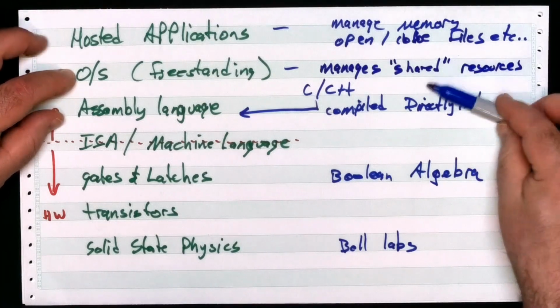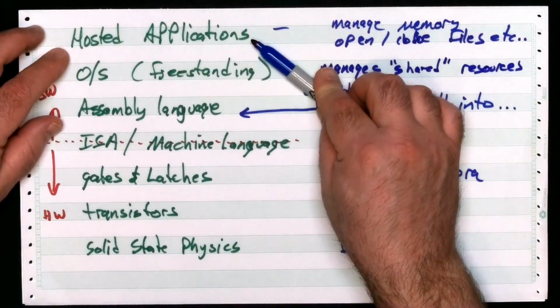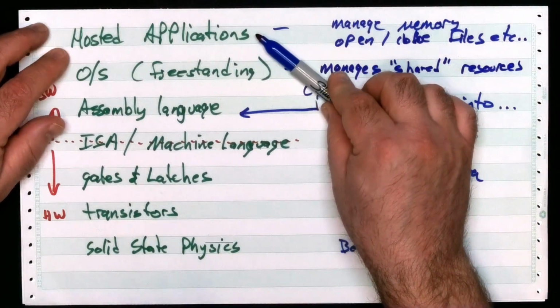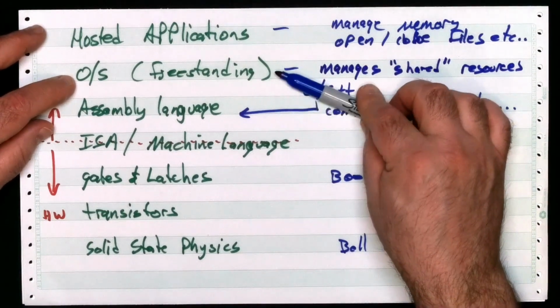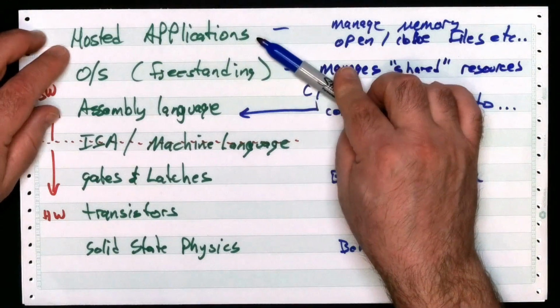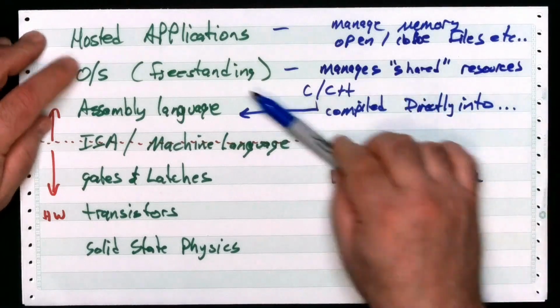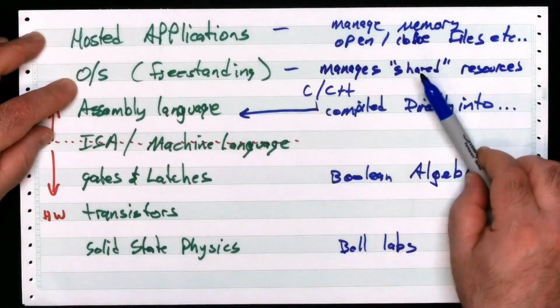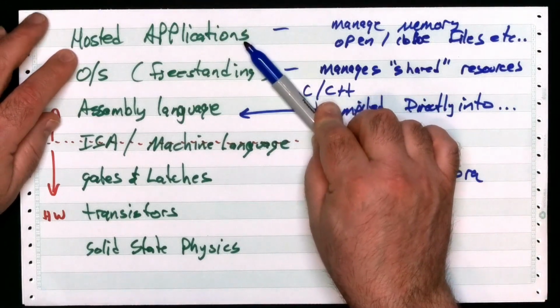Because some operating systems can only execute one program at a time. Those days are kind of behind us these days. Most operating systems that most people are familiar with day to day, like on a PC or even your phone, can run more than one of these so-called hosted applications at the same time. And therefore, operating systems, among other things, manage resources that could be shared amongst multiple hosted applications.